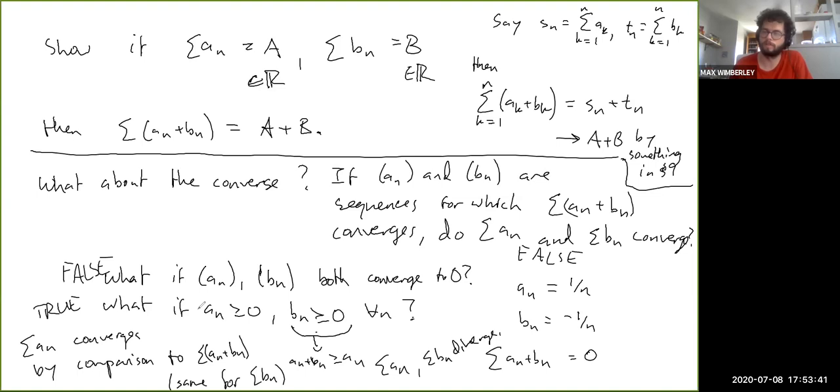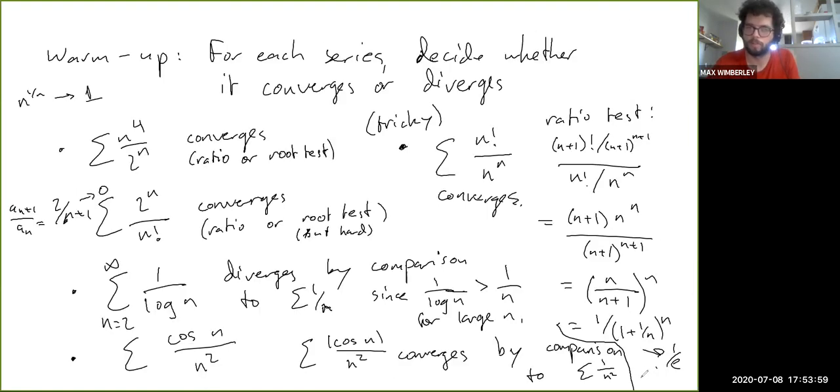You don't have to know what value it converges to, because we have all these different tests that will tell you when a series converges or doesn't, even when you don't know the value. But if you're talking about proving that it has a specific value, then for now you just have to hope you can find a formula for the partial sums.